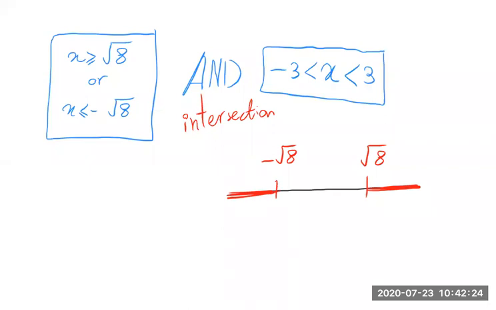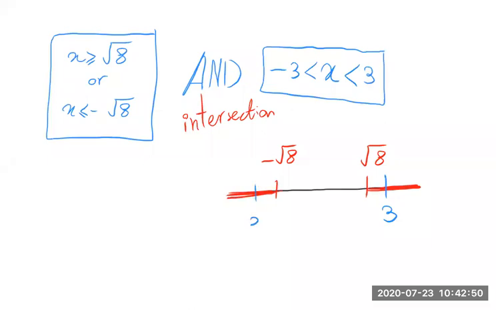Well, first of all, where is 3? Is it before square root of 8 or after square root of 8? It's on the right side of the square root of 8. So 3 is there.